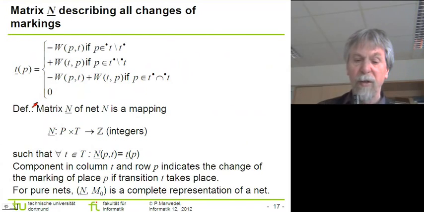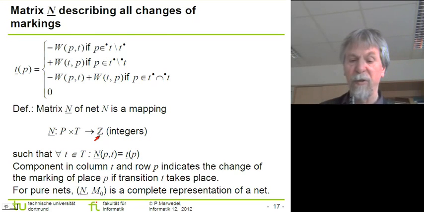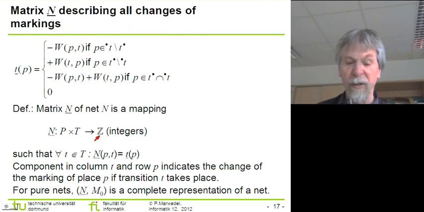So in this way, this matrix is describing how the number of tokens is changing whenever a particular transition is firing. So let us now switch back to this previous slide. From the example, I think it's obvious to see that indeed this matrix n underscore is providing a mapping from p times t to integers. These integers may actually be negative, and if they are negative, then this means the number of tokens is decreasing.